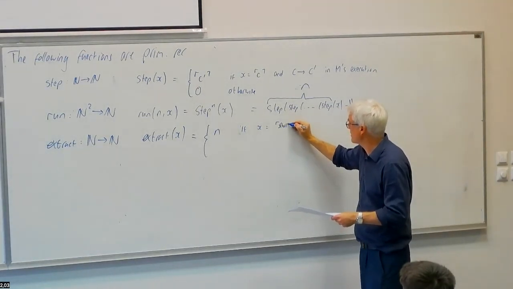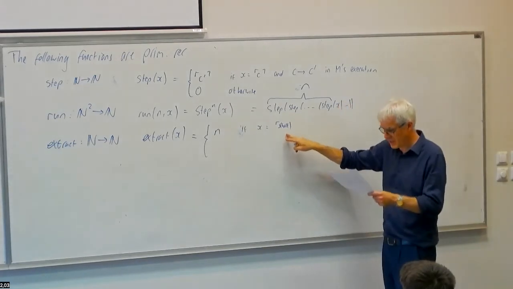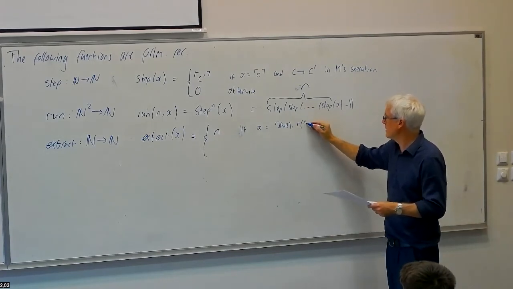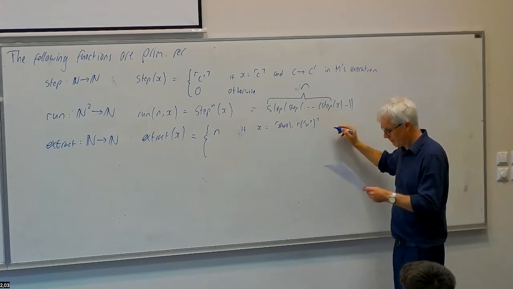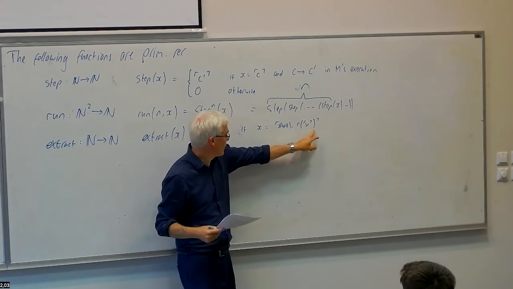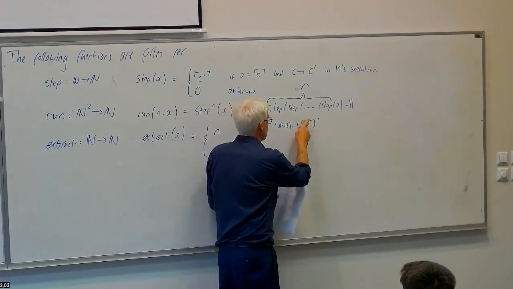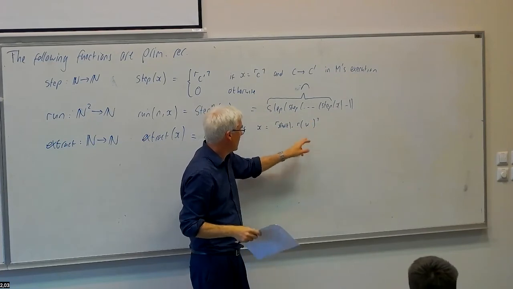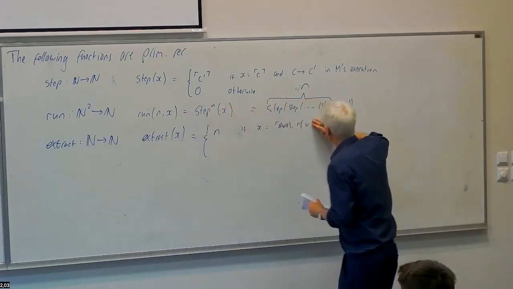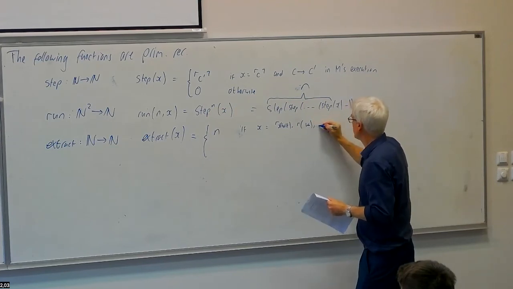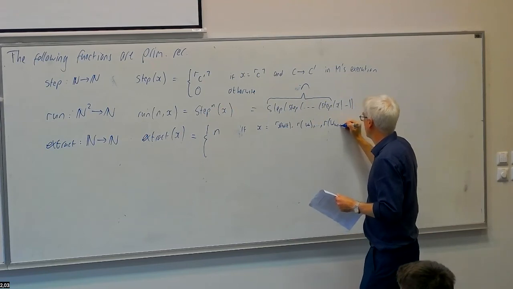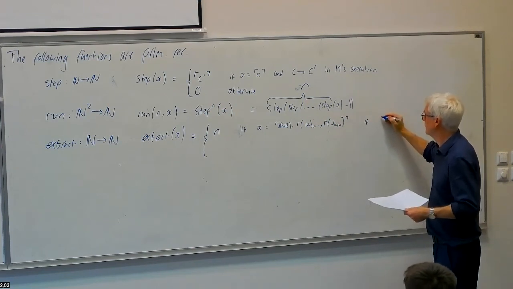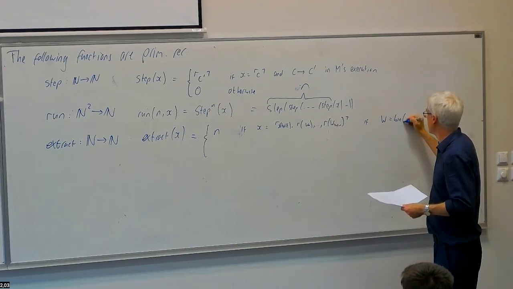So it must start with the state of halt number, followed by the encoding r applied to the word w, where by r of w, I mean the sequence r applied to w0 all the way up to r applied to w of length w minus 1, if w is the binary representation of the number n.